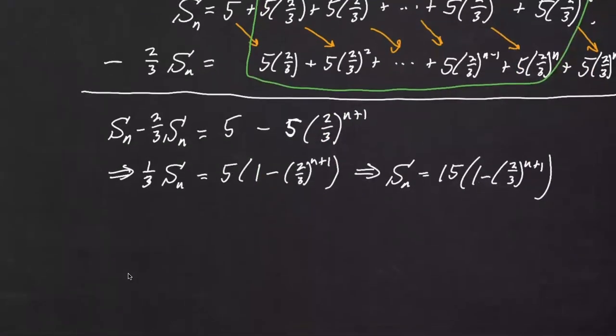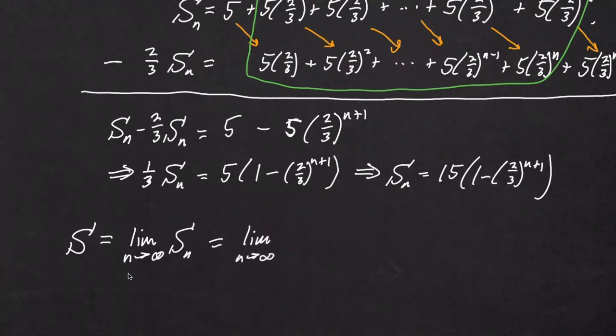So S is the limit as n goes to infinity of S sub n, which is the limit as n goes to infinity of 15 times 1 minus 2/3 to the n plus 1.